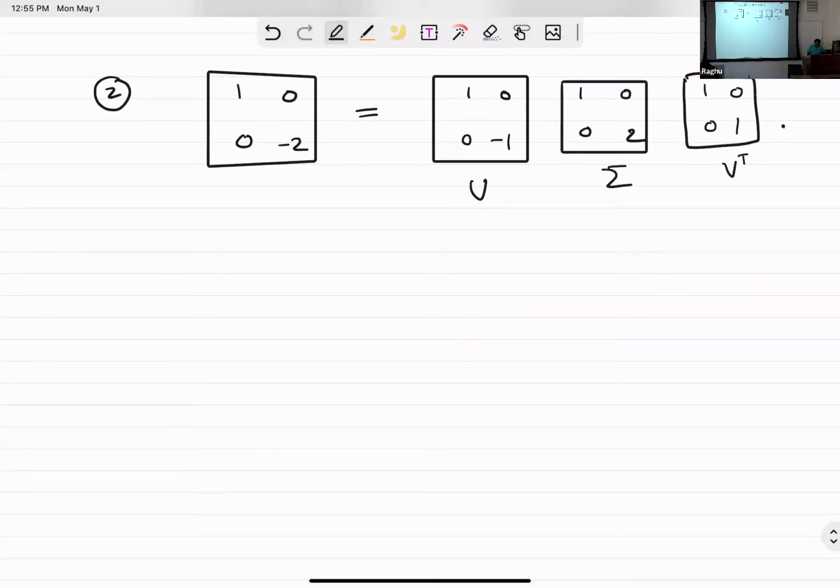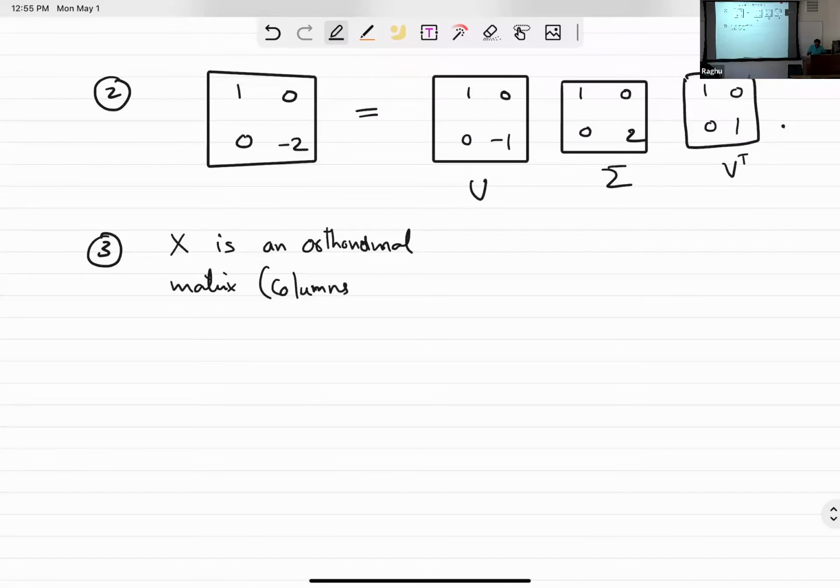And maybe one final simple case. X is an orthonormal matrix. So let's say X already has columns which are orthonormal.